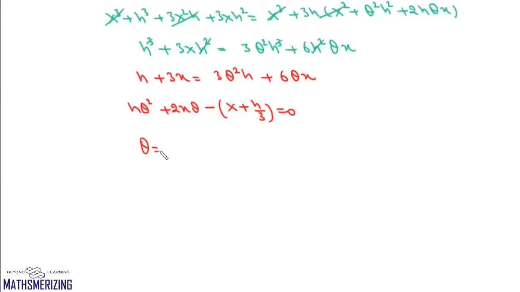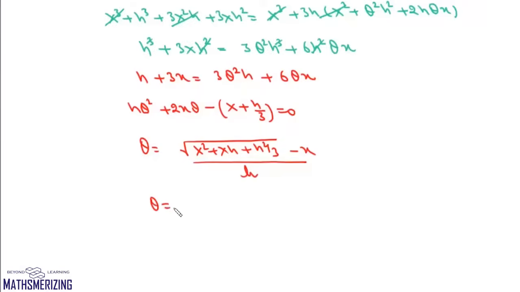Now we solve this quadratic equation. We'll get theta as under root of (x square plus xh plus h square upon 3) minus x, upon h. Now we rationalize it.